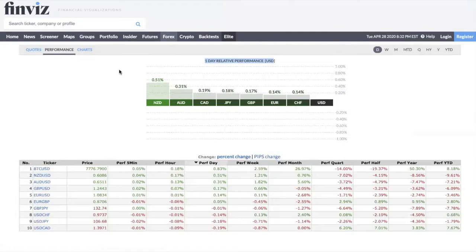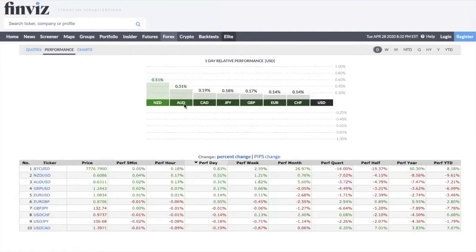How do you read this chart? Everything is relative to USD, so USD relative to itself is not applicable, and you do not see anything over here. The way you read this is NZD to USD. That means NZD to USD has been up 0.51% for today, because it's 1 day relative performance.